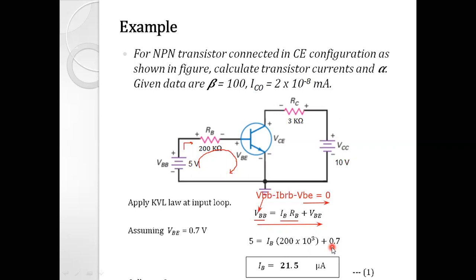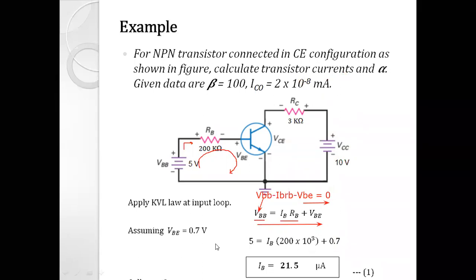The voltage drop across a forward biased diode is approximately 0.7, so we can take VBE is equal to 0.7. Based on this assumption, we are calculating all the currents: base current IB, collector current IC, and emitter current IE.